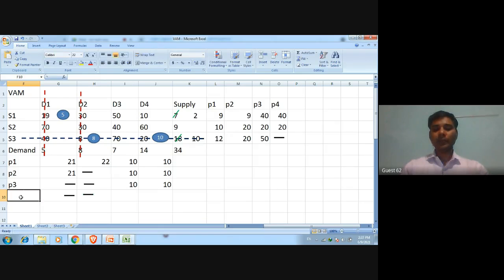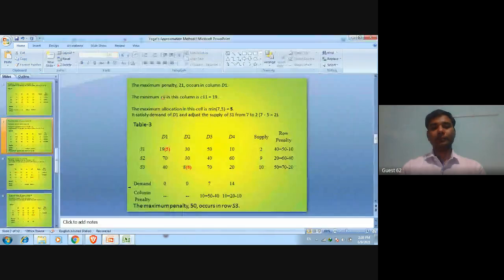Now for column D3, two quantities are left, that is 50 and 40. So the penalty is 50 minus 40, 10. And for column D4, two quantities are left, that is 10 and 60. So 60 minus 10, how much will it come? 50. Okay.